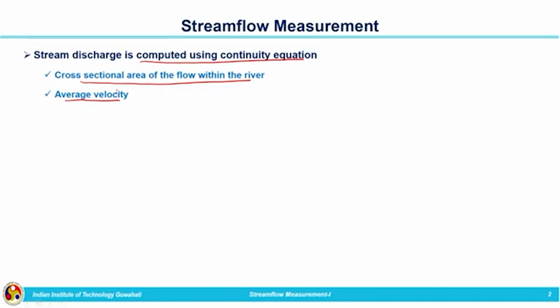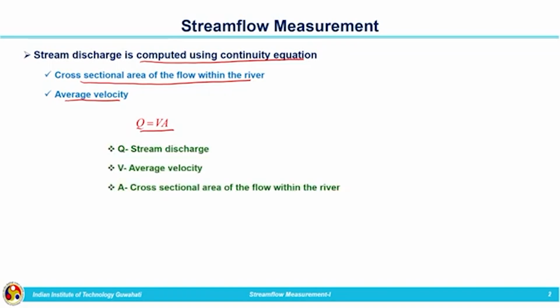If both are known, we can calculate the stream discharge: Q is equal to V multiplied by A. Q is the stream discharge, V is the average velocity and A is the cross sectional area of the flow within the river. So, this continuity equation will be utilized for the calculation of streamflow, and for that we need the average velocity value and also the cross sectional area.